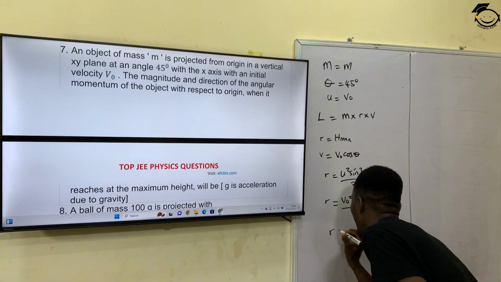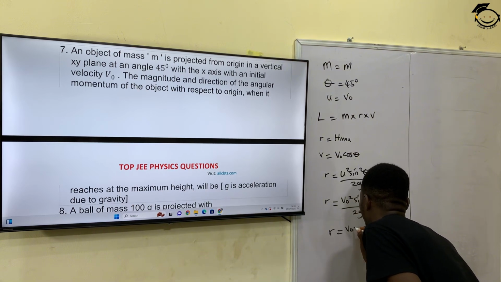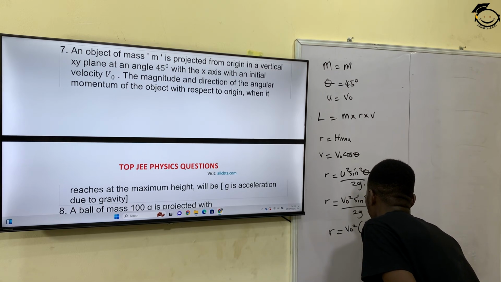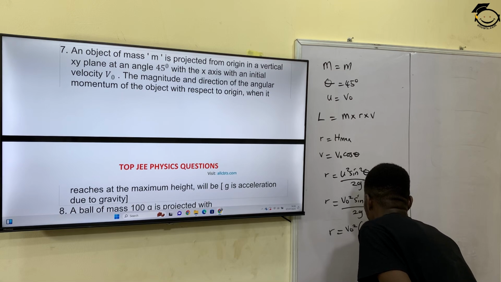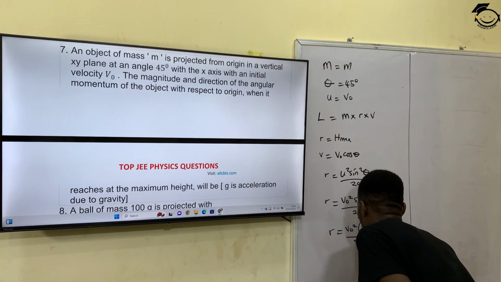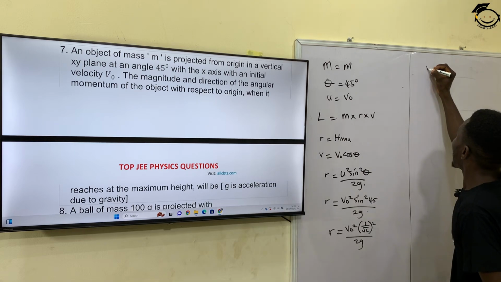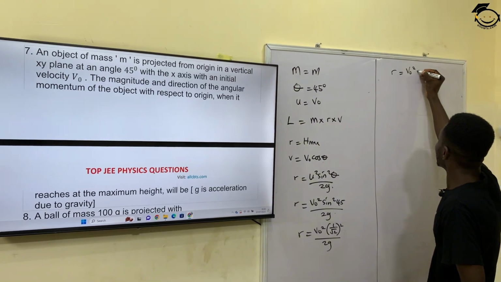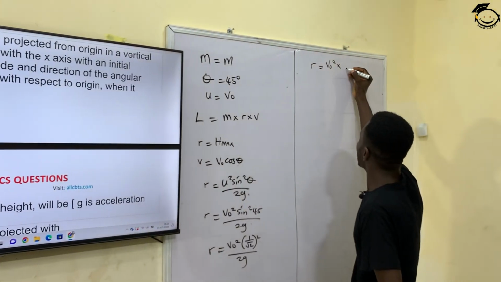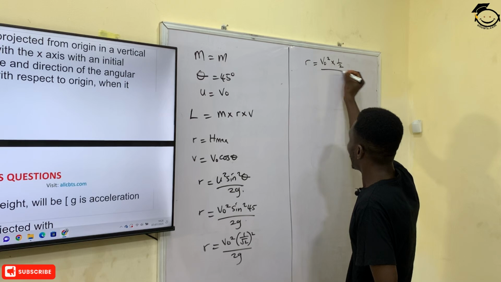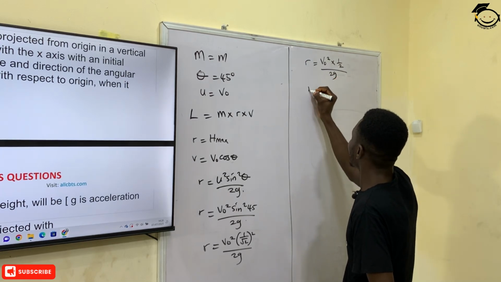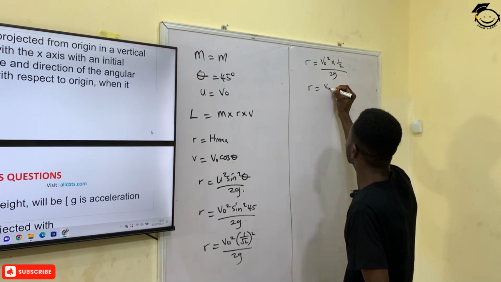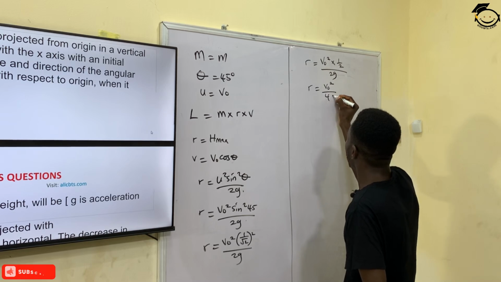Sine 45 is 1 over root 2, squared, divided by 2g. This means that my r is v naught squared times 1 over 2 all over 2g, which is the same as saying that my r is v naught squared over 4g.